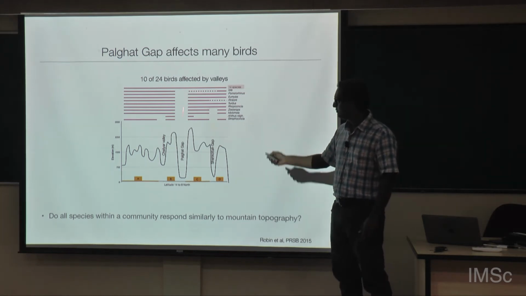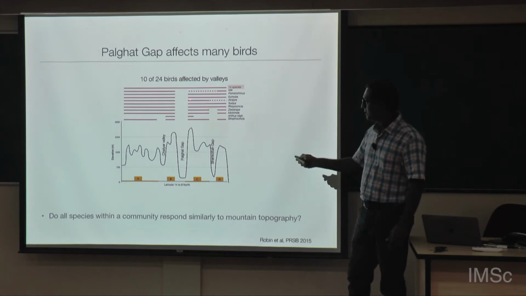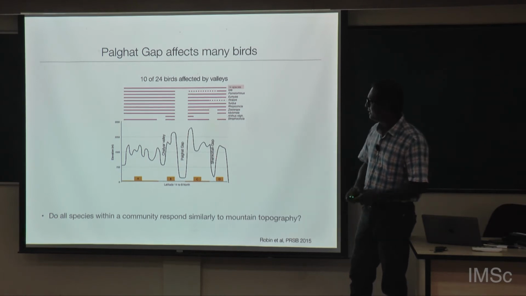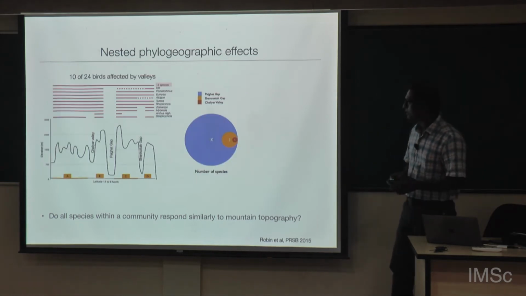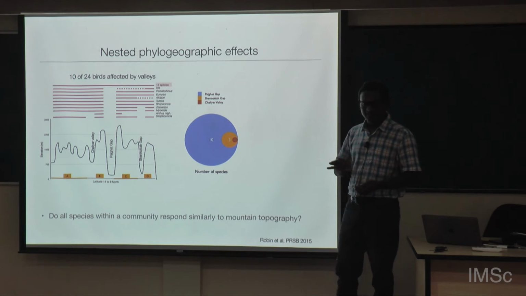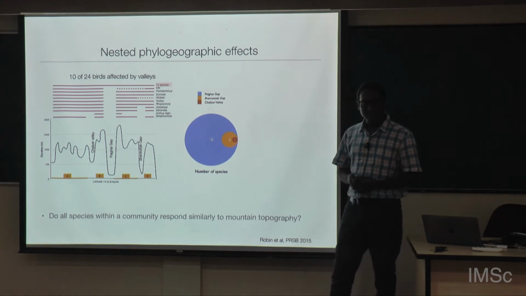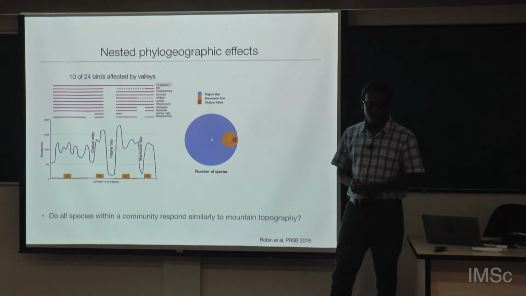So there's a phylogeographic barrier here at the Palghat Gap, and then there was one at the Shenkuta Gap and a minor one at Chaliyar Valley. This is interesting because if you look at the numbers of birds affected by each of these valleys, there seem to be most by Palghat Gap, then by Shenkuta Gap, and then by Chaliyar Valley.